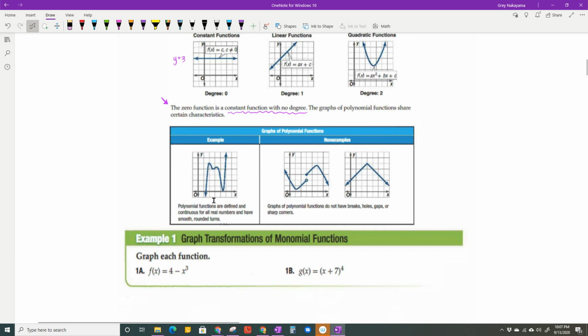There are no breaks, and they have smooth, rounded turns. So here are some non-examples. This is a non-example. There are no breaks in your graph, and there are no sharp points or corners in your graph. So when you have to draw them, you need to make sure you do that.